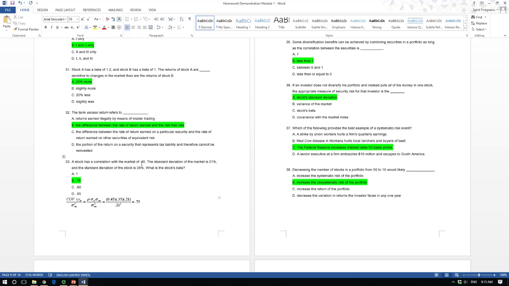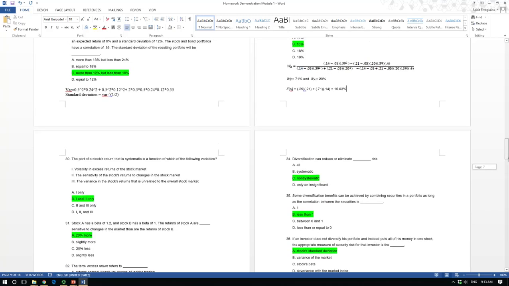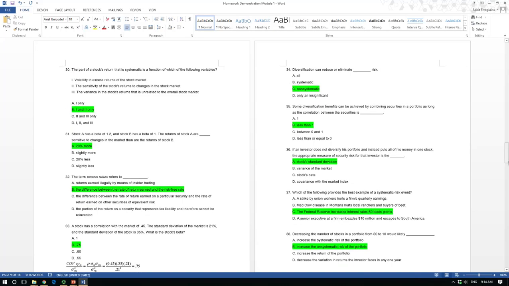And once you get this equation, then you plug the numbers into the equation to get the answer. 0.75 would be the answer for the stock beta. That's number 33. 34. Diversification can reduce or eliminate what kind of risk?